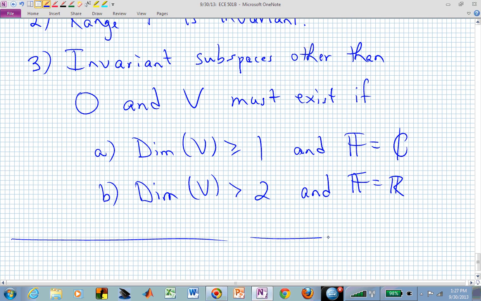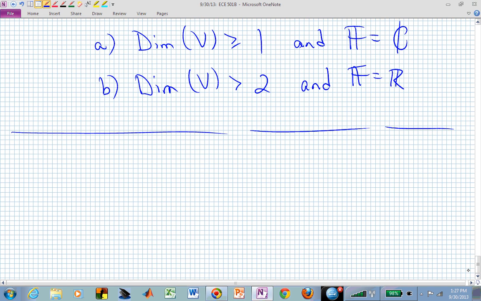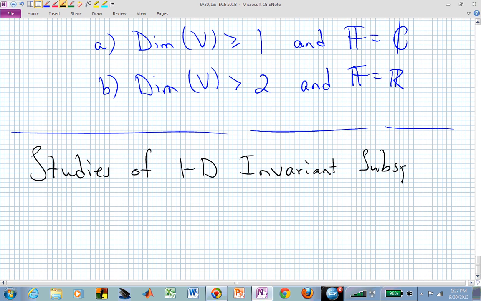Let's now dig deeper into this, knowing where we are headed, which we know is building up this notion of eigenvalues and eigenvectors.